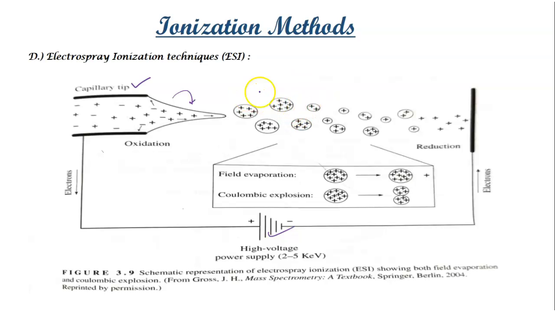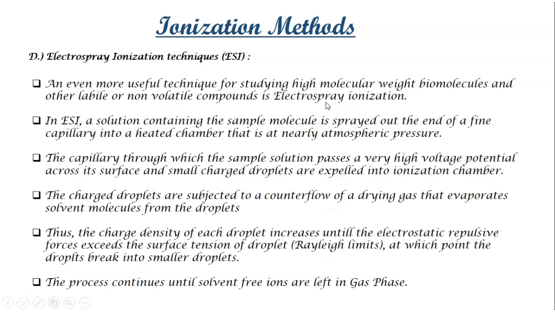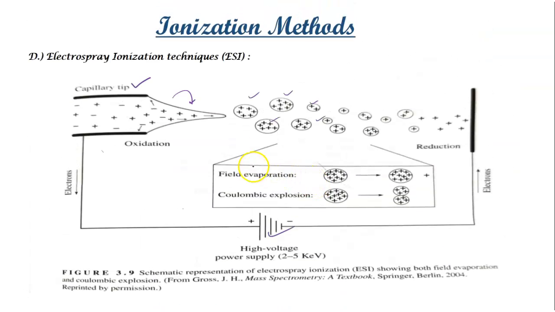You can see these small charged droplets expelled into the ionization chamber. So the capillary through which the sample solution passes has a high voltage across its surface, via which the small charged droplets are expelled into the ionization chamber.